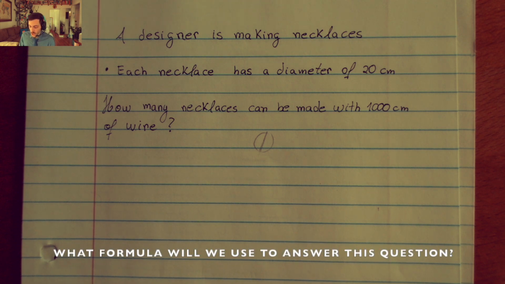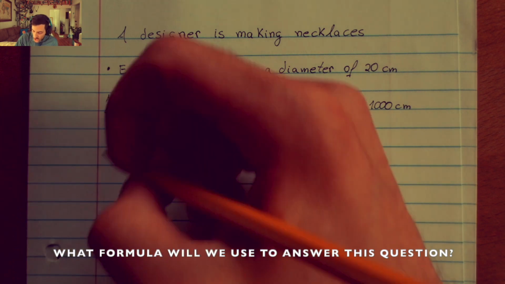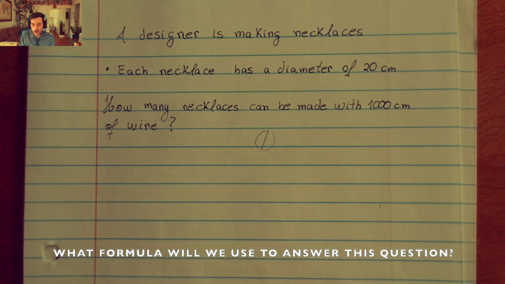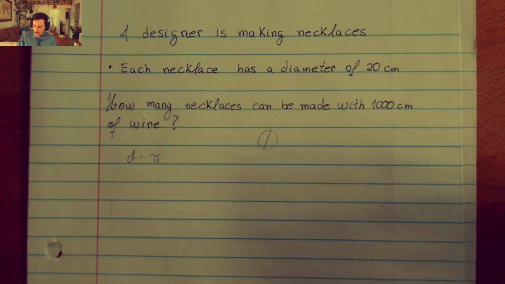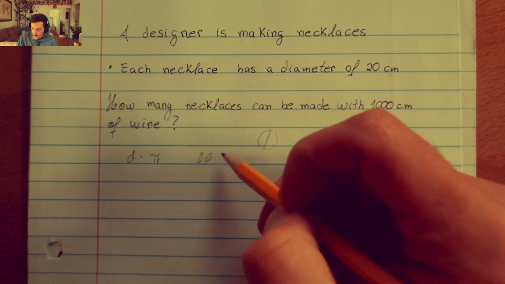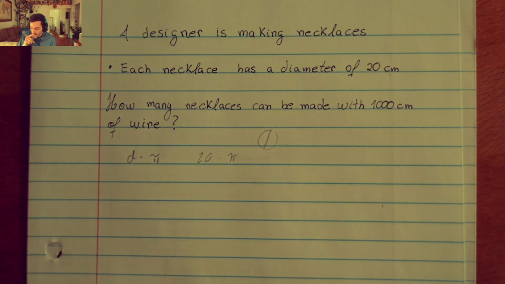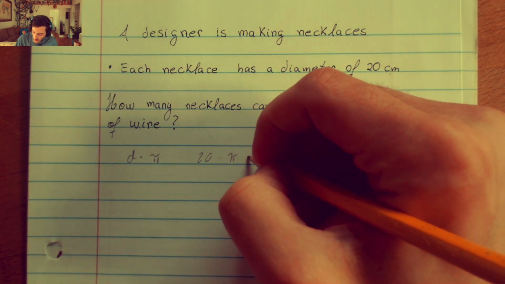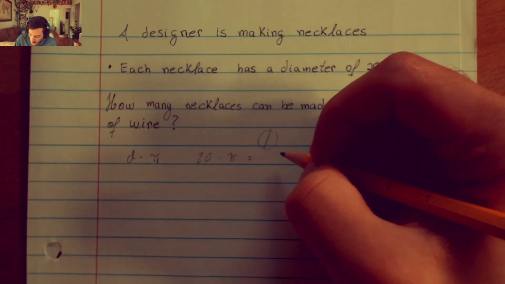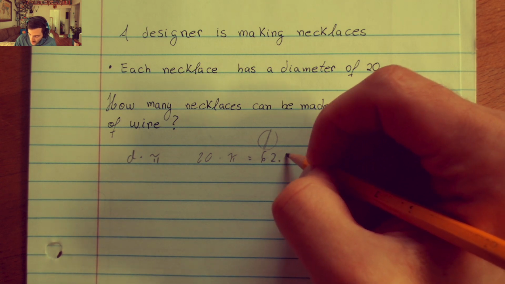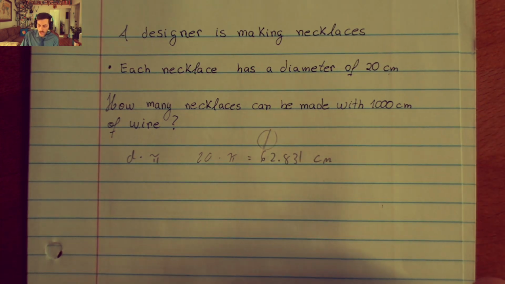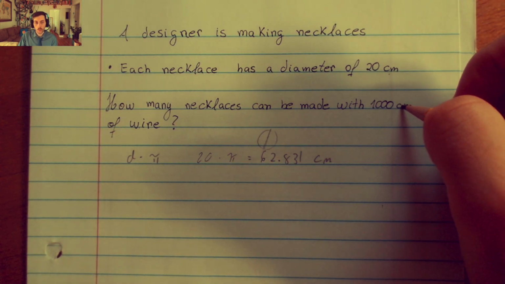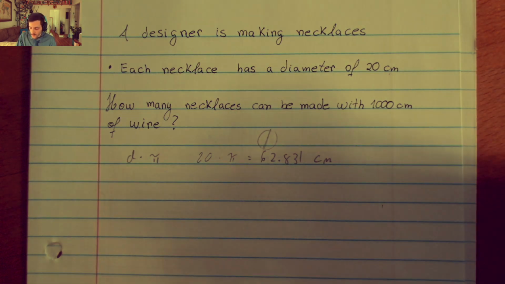For this particular question, if we wanted to apply our application, we're essentially looking for the length, or our circumference. Our circumference formula we've talked about before is just our diameter times pi, and in this particular example, our diameter is going to be 20. If we find the length of one necklace, which comes out to about 62.831 centimeters, we can then figure out how many go into 1,000.